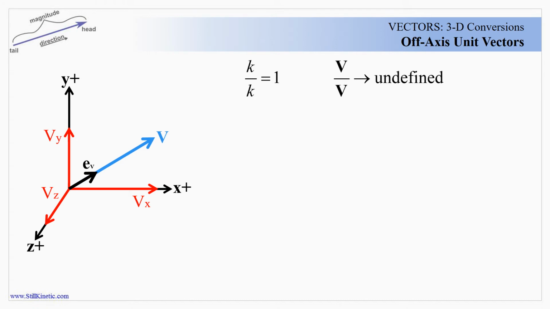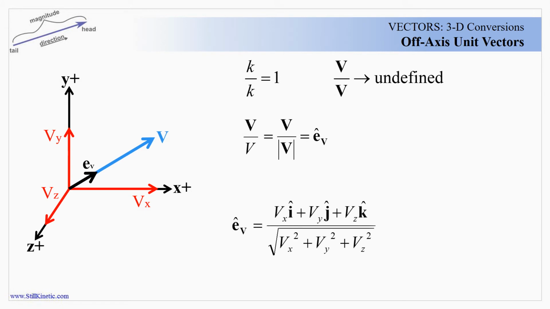However, if we take a vector v and divide it by its magnitude, that is defined. What we get there is the unit vector e in the v direction. So what is that? e in the v direction is going to be the v vector, which we can spell out in components or in unit vectors, divided by its magnitude, which we've already seen how to get.